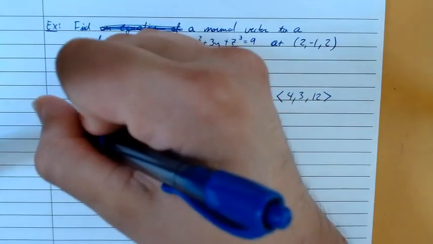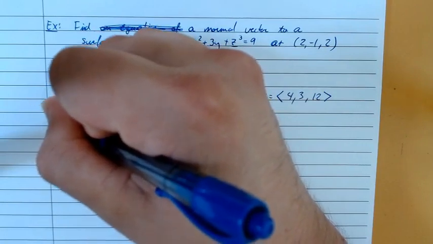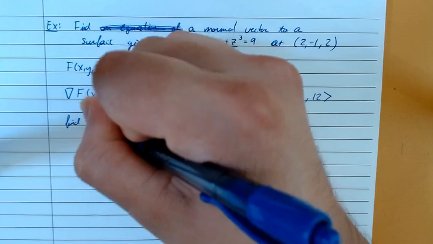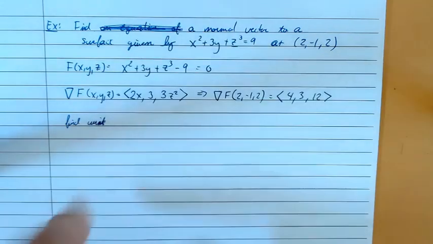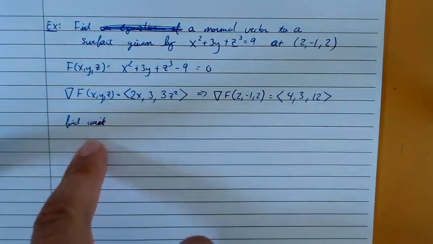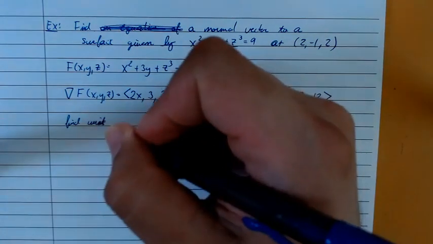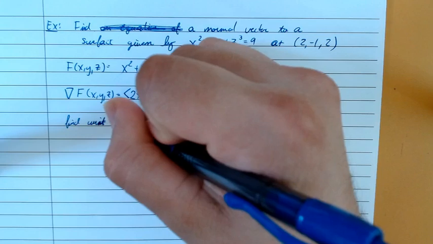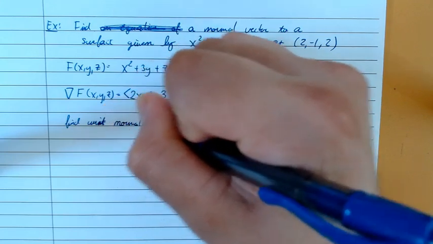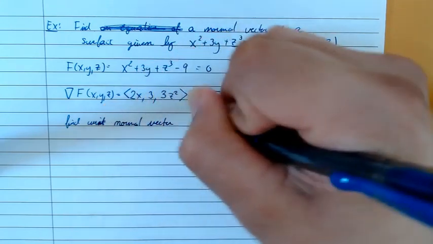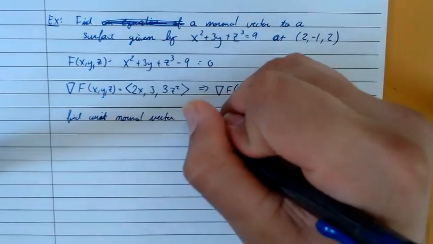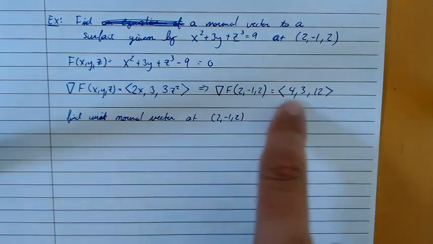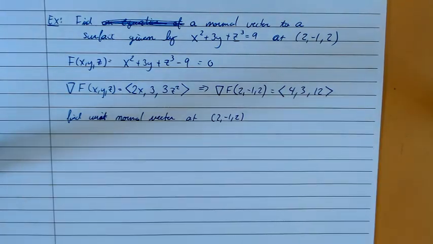So here's a follow-up. Let's find the unit normal vector. Sometimes you only care about the direction and you wish to not have the magnitude of the vector affect anything. So oftentimes a unit normal vector will be used for things. In that case, you would simply take this, find its magnitude, and scale it down.